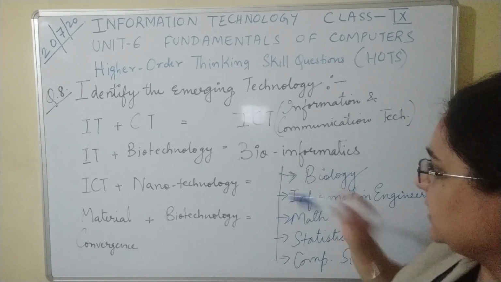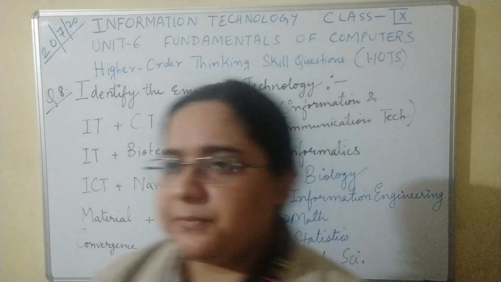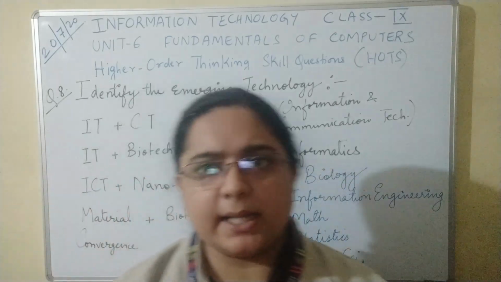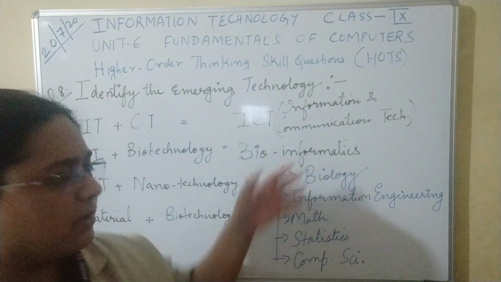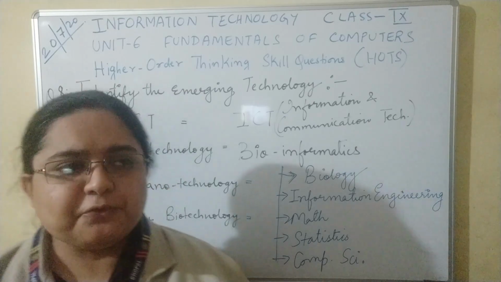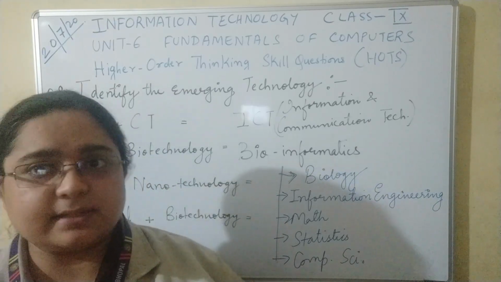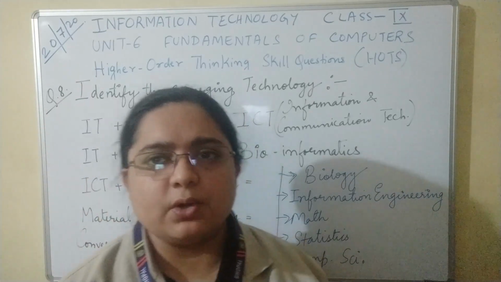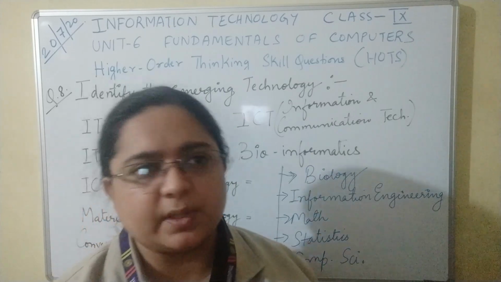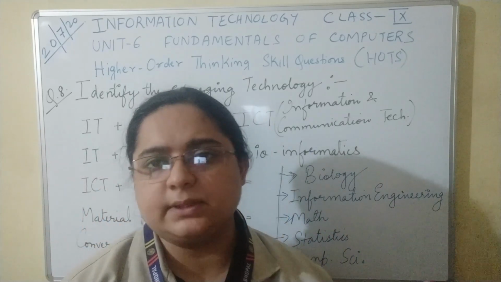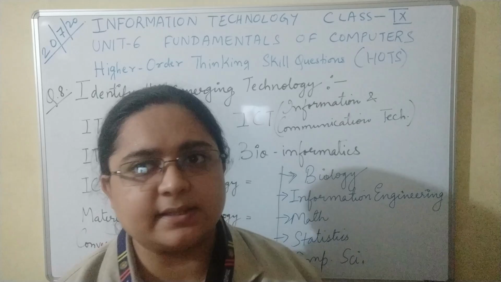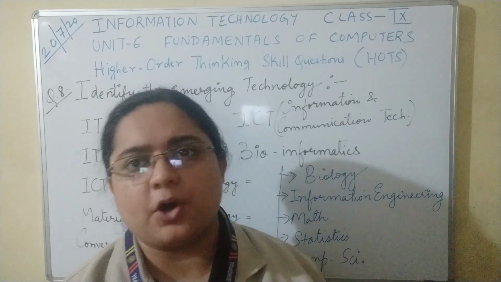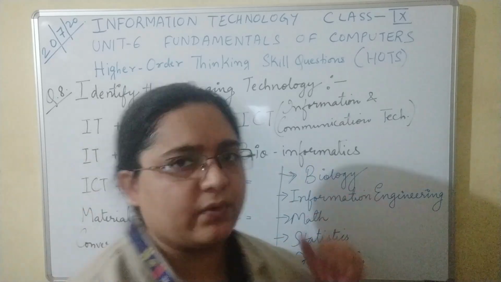And basically it is used for performing statistical and mathematical analysis on the biological data. For example, nowadays as this pandemic is going on, a lot of research is taking place because researchers all over the world are trying to find a vaccine which will be a cure for coronavirus, COVID-19.